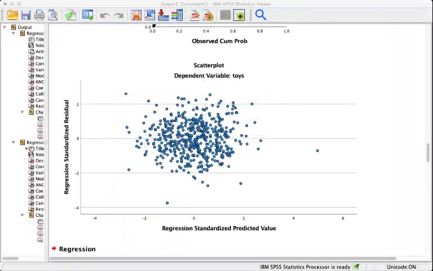So if I bring us back to that, remember what we're looking for is an even distribution around this 0 line. So a similar variation above and below.